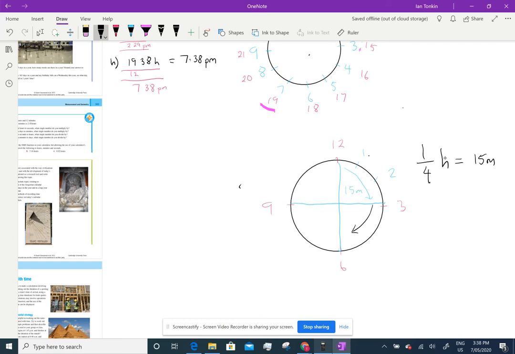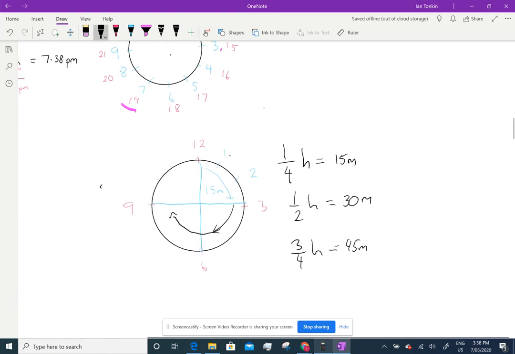A half of an hour, well, that's another 15. A half an hour is 30 minutes. 3/4 of an hour, I'll see you in 3/4 of an hour. That's 45 minutes. Now you could do the same with thirds.